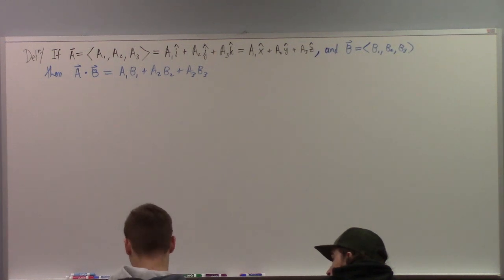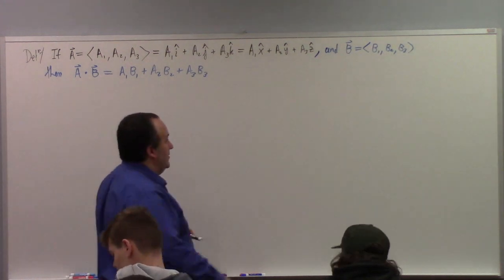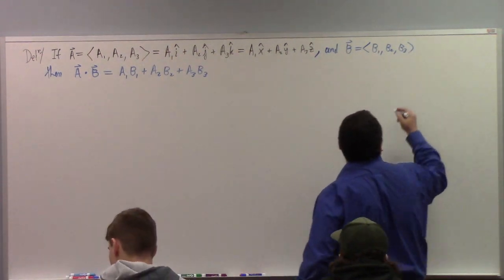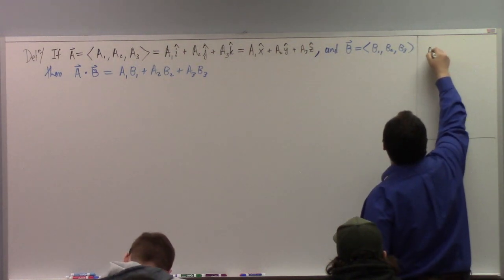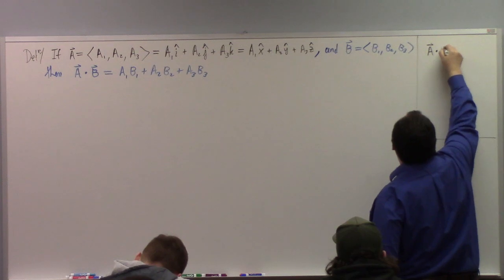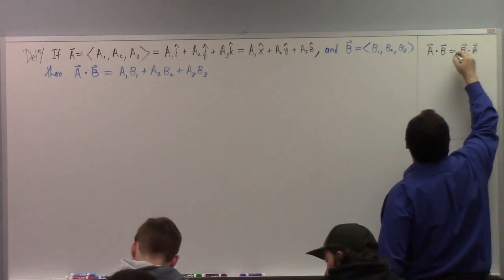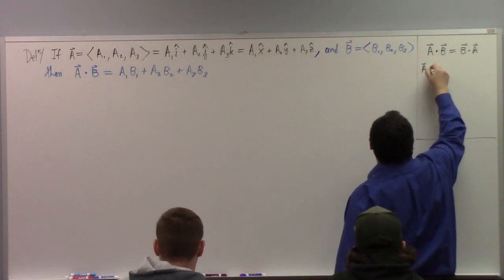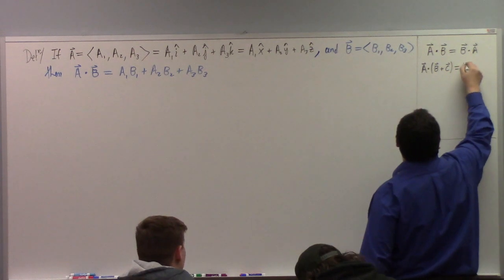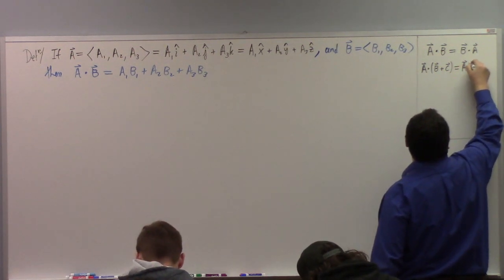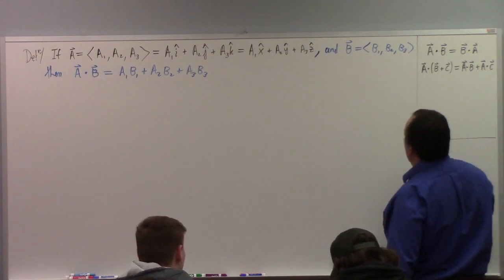Okay, so that's the dot product. Now the properties of the dot product. It's really nice. A dot B is equal to B dot A, so it's like a commutative product. If you have A dot (B plus C), with two vectors, it's A dot B plus A dot C. So it distributes across addition like that.